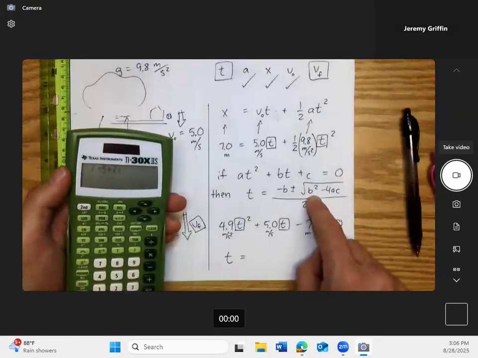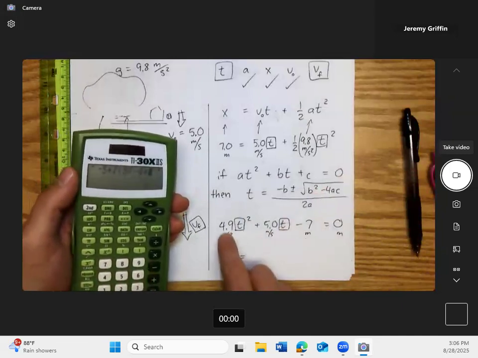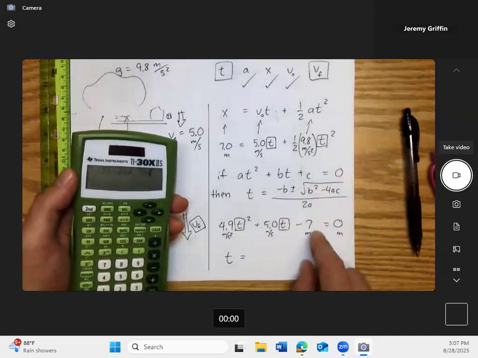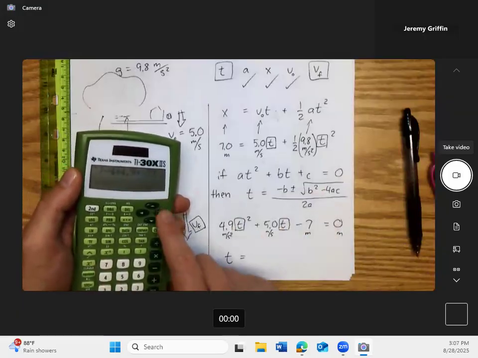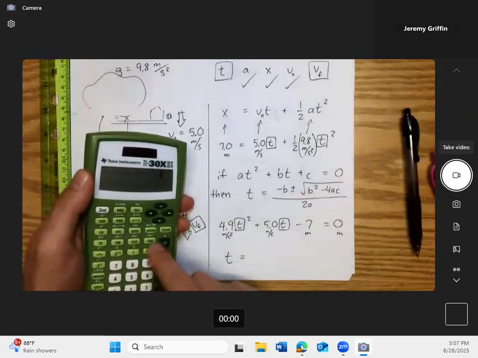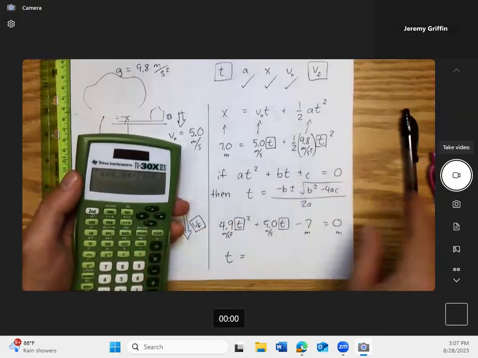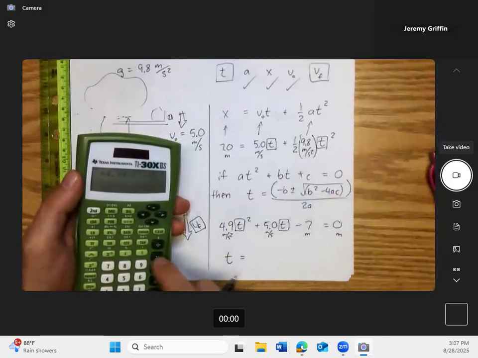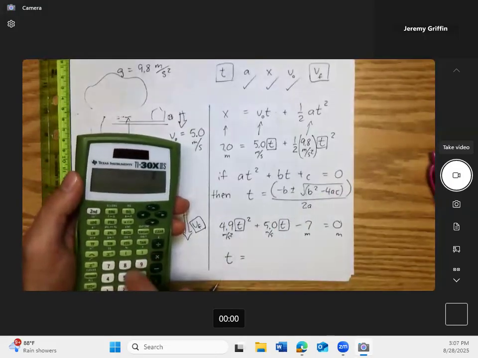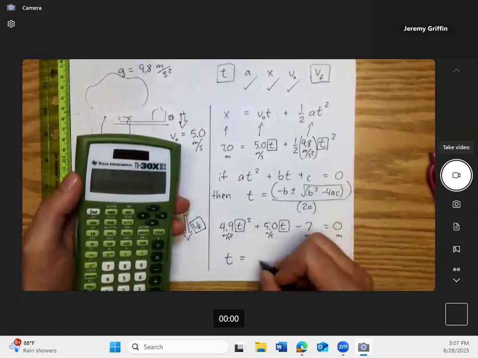Square root of b squared, so 5 squared, minus 4 times a, which is 4.9 right here, and c is negative 7, so I have to include the negative, subtracting a negative. Close parenthesis, which closes the square root, and one more parenthesis that closes out the numerator. I really have parentheses galore going on here. Then divide by 2 times a, so 2 times 4.9, in parentheses also. 2a, right? Let's see what we get. Yeah, that looks right.